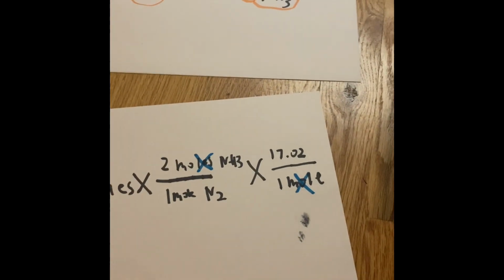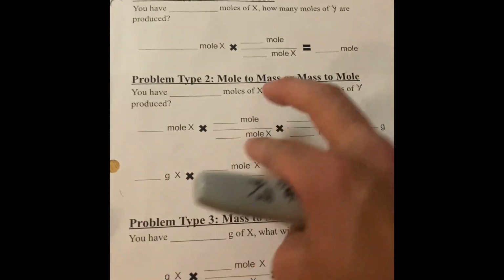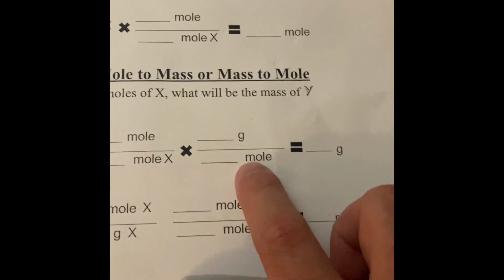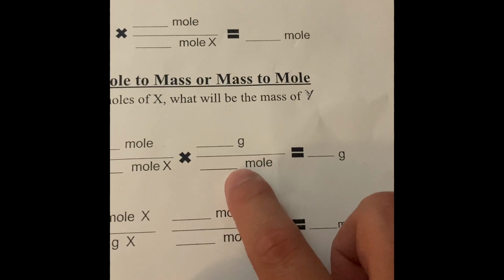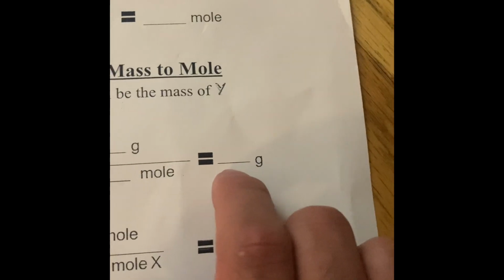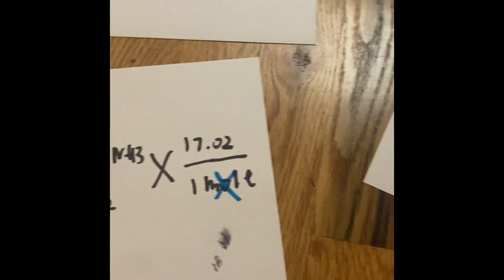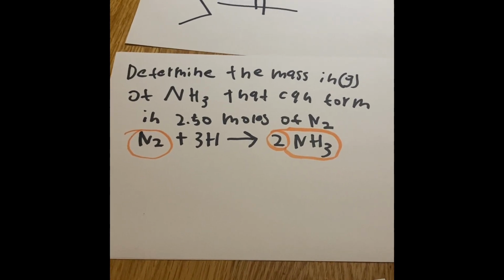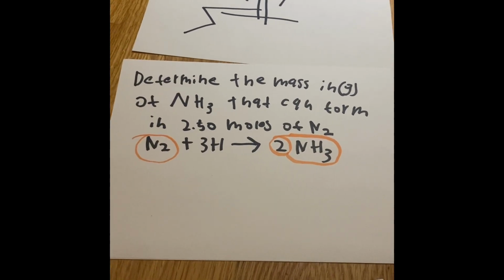Now we have to do the final math. We got what we need. We have moles, our ratios between the two elements, and also the molar mass of a single mole of one compound, and that's going to get us our grams. That is how much the NH3 is going to be by mass to make this equation true.